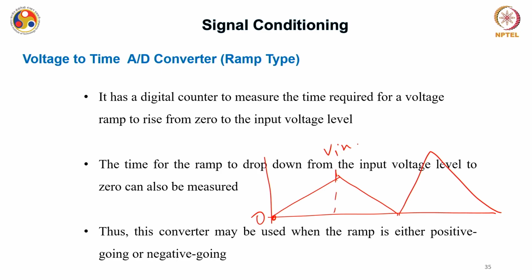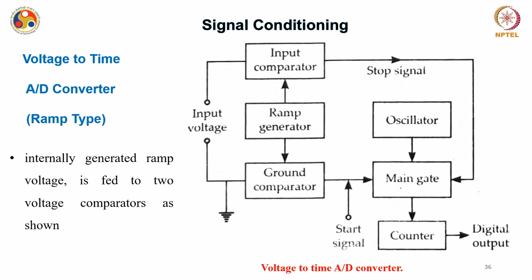Say this is what it is measuring. What I am saying is that the time for the ramp to drop down from this input voltage level to 0 can also be measured, depending on what kind of slope you are preferring. So these converters may be used when the ramp is either positive or negative. Okay.